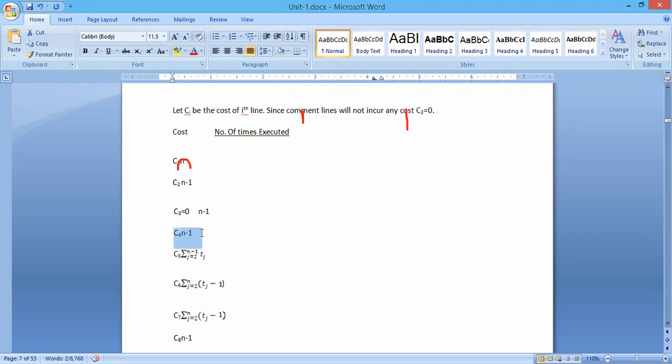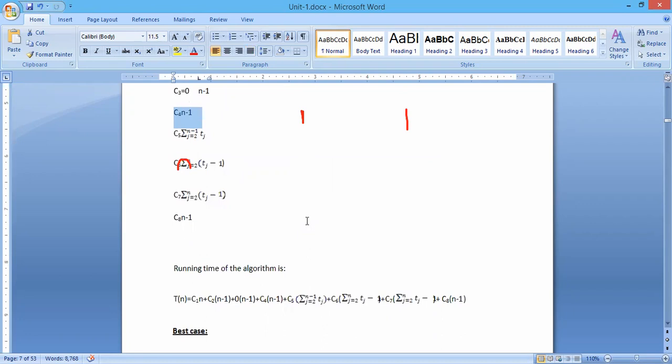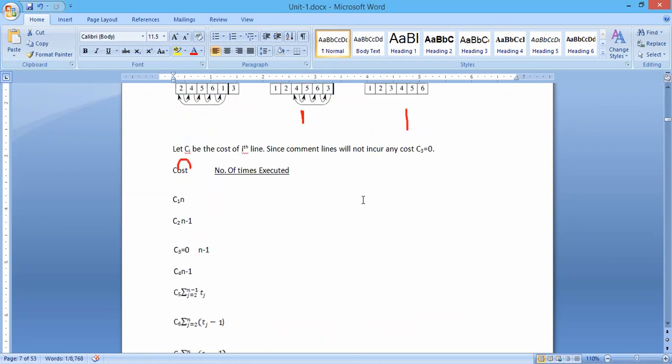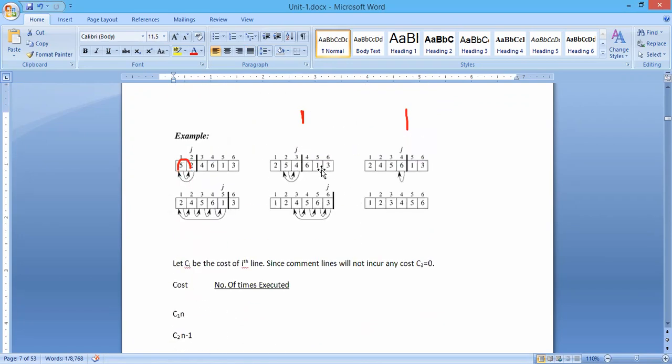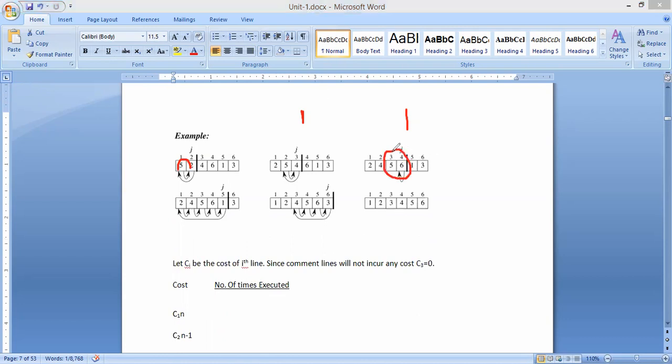Next, C4 (n minus 1). The total time taken by the whole equation is C1 n, where C1 is a constant, plus n minus 1, n minus 1. The third time we are not sorting 5 and 6, so we are not taking any time at this place because it is already sorted. That's why we write 0 here.